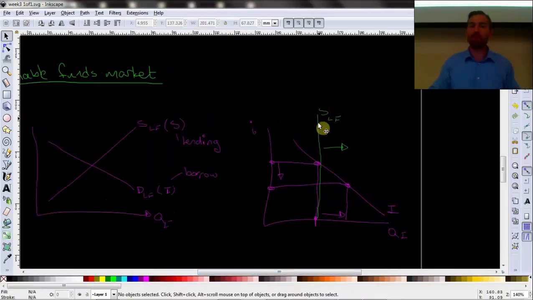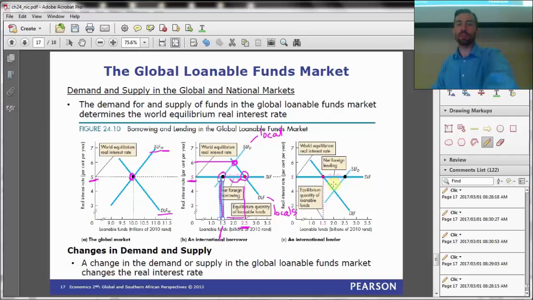The one way is with either a vertical supply of loanable funds or with a horizontal supply of loanable funds. Okay? The reason you might have a horizontal supply of loanable funds is from the discussion that we're having here, right? In other words, the interest rate is set exogenously to the local market.